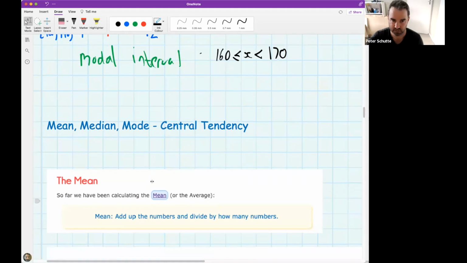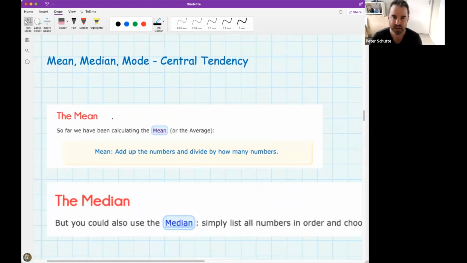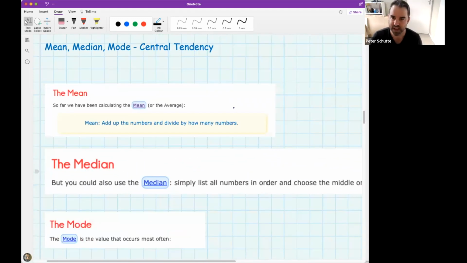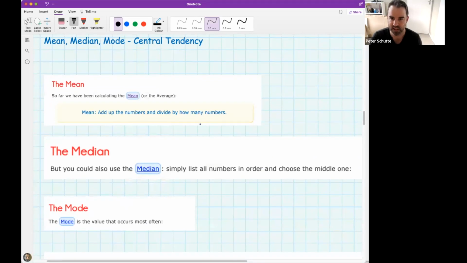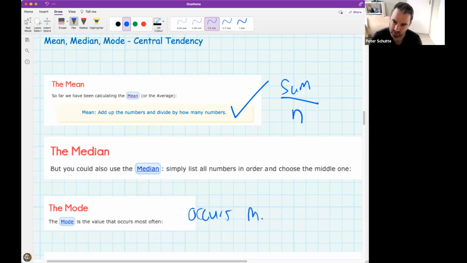The mean is if we add up all the numbers, we divide by how many items there are. Often you'll see it like the sum divided by n, the number of items. The mode is the one that occurs the most often, so the one that you see the most often.